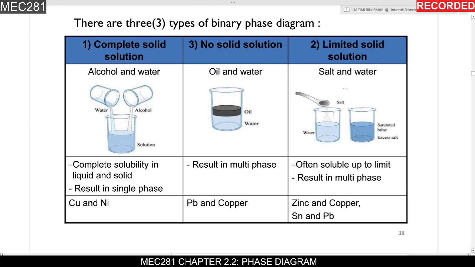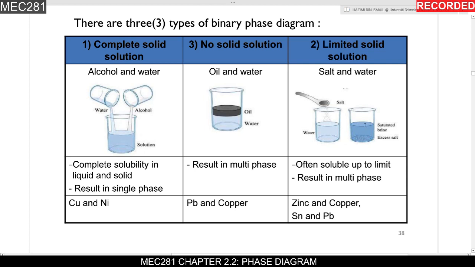And the third one is the limited solid solution. As an example, salts and water: when you pour the salts into the water, some of the salts remain at the bottom of the cup. That means they are the excess salts, so it cannot mix 100%, so it is not completely soluble.